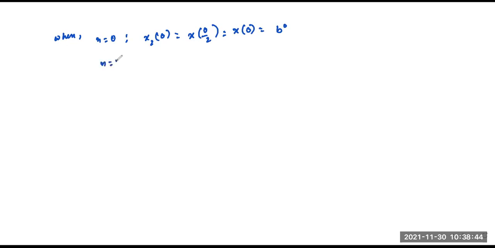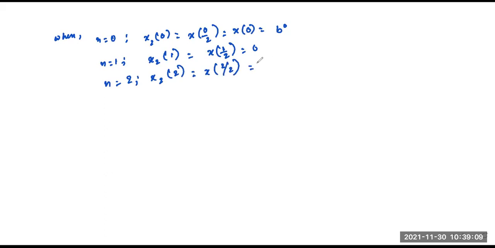When n equals 1, x2[1] equals x[half], that is equals 0. Next, when n equals 2, x2[2] equals x[2 by 2], that is x[1], that is b to the power 1.